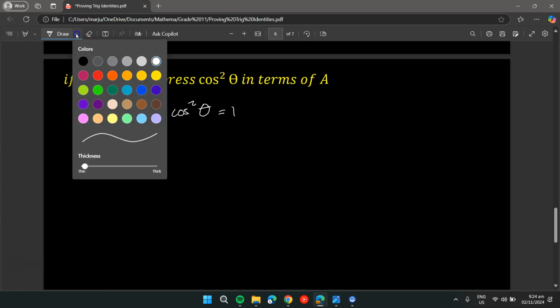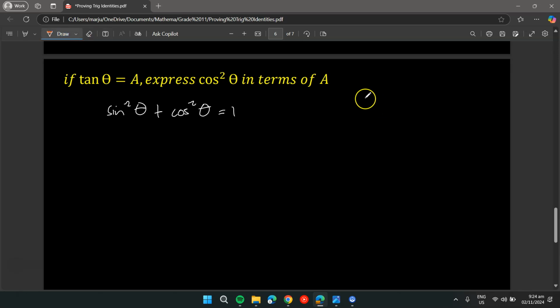So I think it's good to take note that tangent theta is equal to, by the quotient identity, sine theta over cosine theta. So in other words, a is just equal to sine theta over cosine theta.